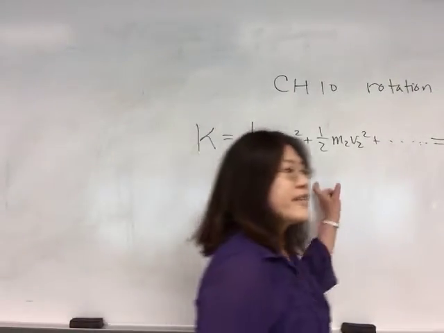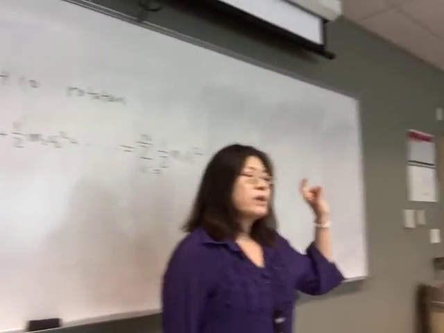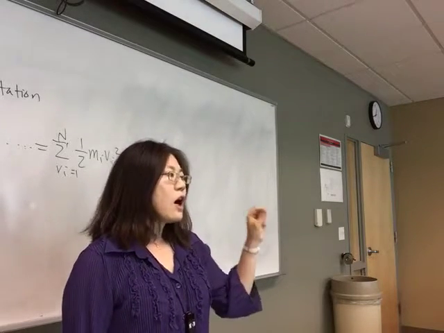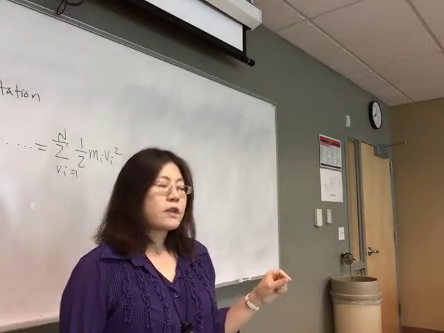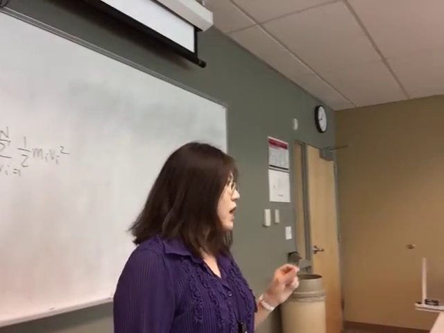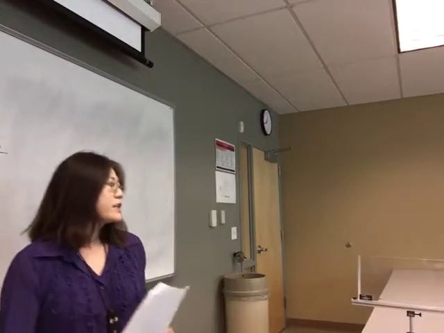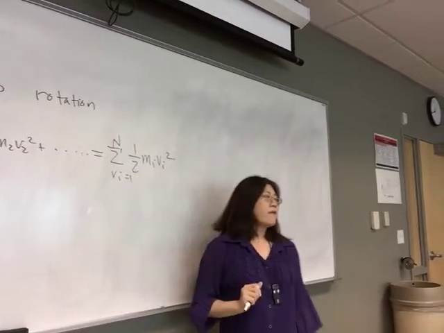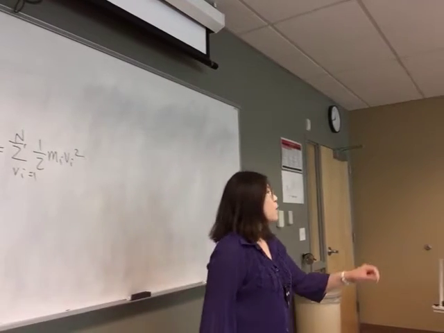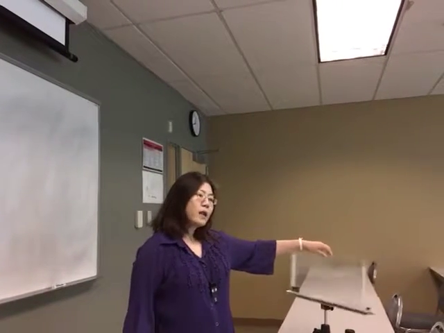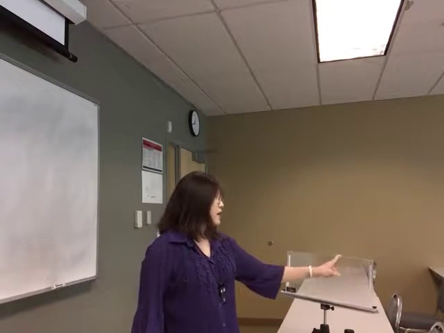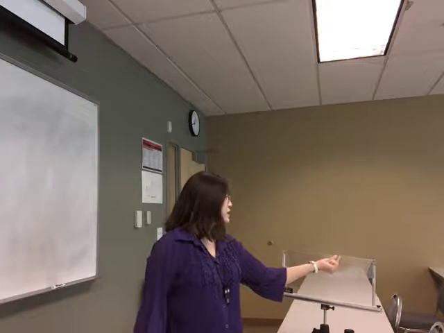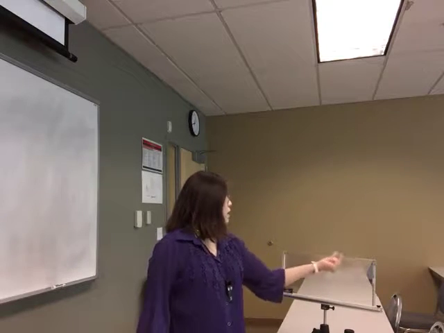Now remember, this is how we find the kinetic energy based on our knowledge of an object that's moving with the velocity v. When you have an object moving with the velocity v, you can use 1/2 mv squared. And for a rotating body, we're just saying, okay, this part has a velocity v, this part has a velocity v, treating each as a different object, and then summing up all the contributions.